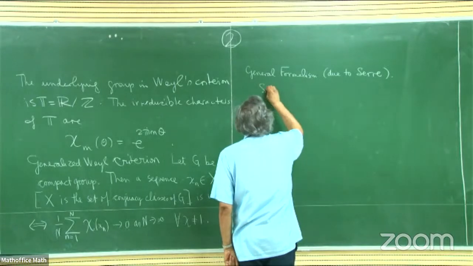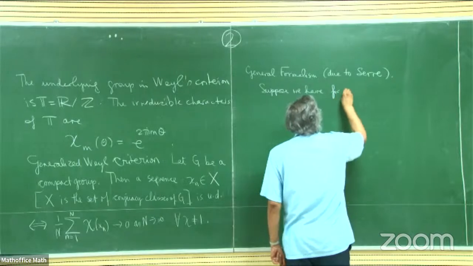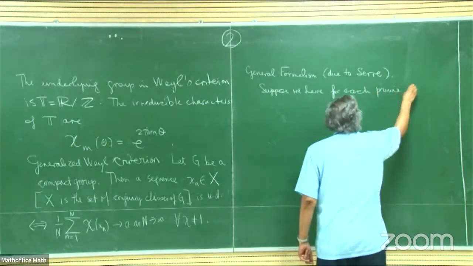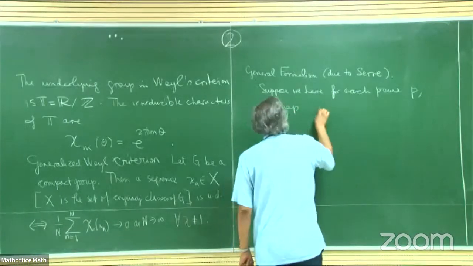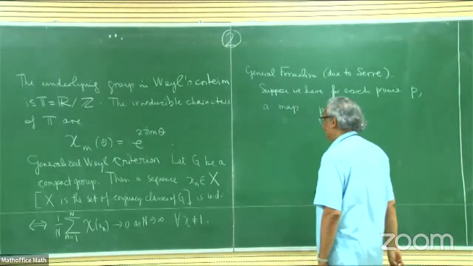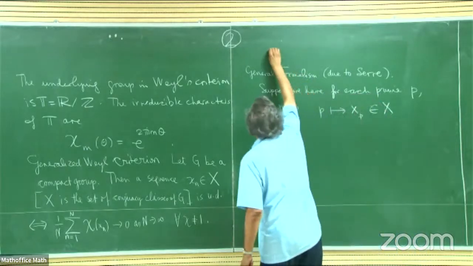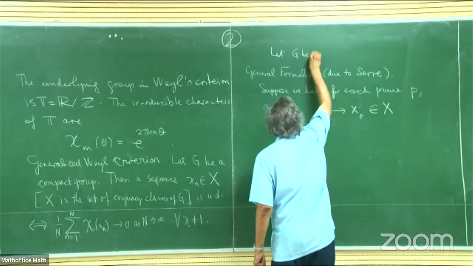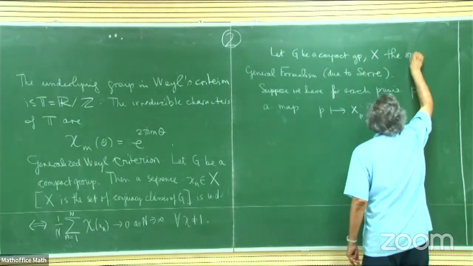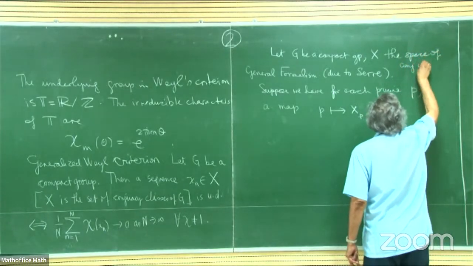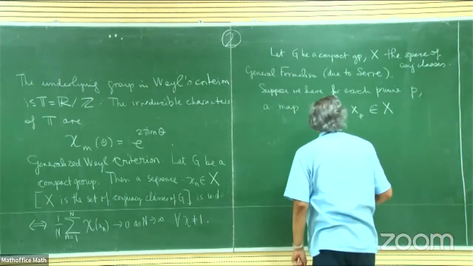Suppose we have, for each prime p, and I'm still going to use the group G as a compact group, let G be a compact group, X the space of conjugacy classes, a map giving an element x_p in X for each prime p.